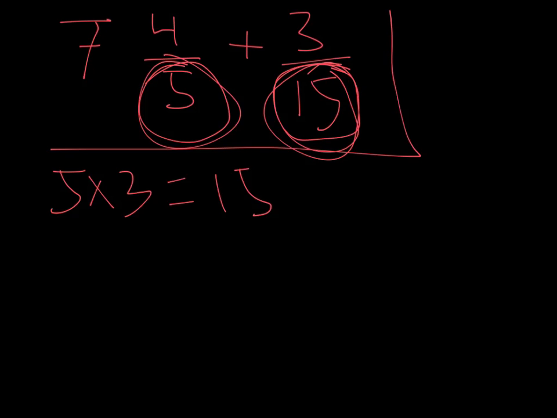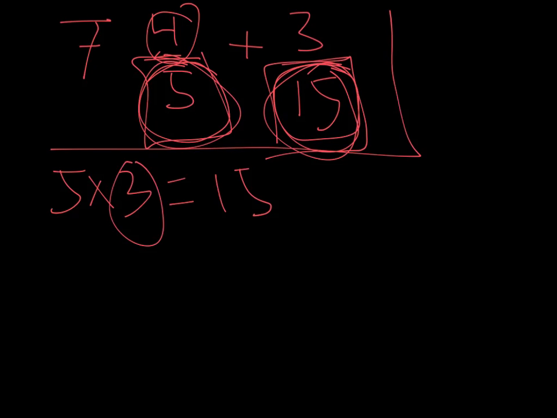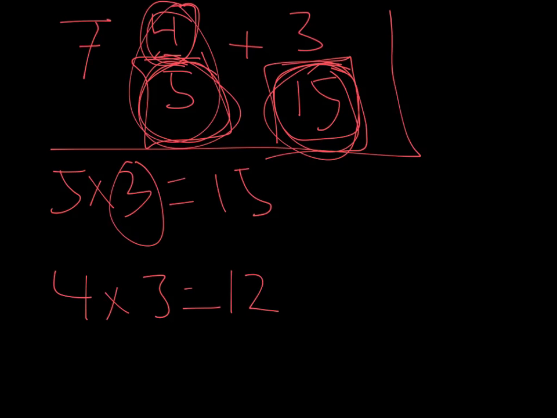So you have to do the same with the numerator. If we want to make the denominator the same, we have to multiply this by 3, so we also have to multiply the numerator by 3. So 4 times 3 is 12. So this would be converted into 12/15 plus 3/15.